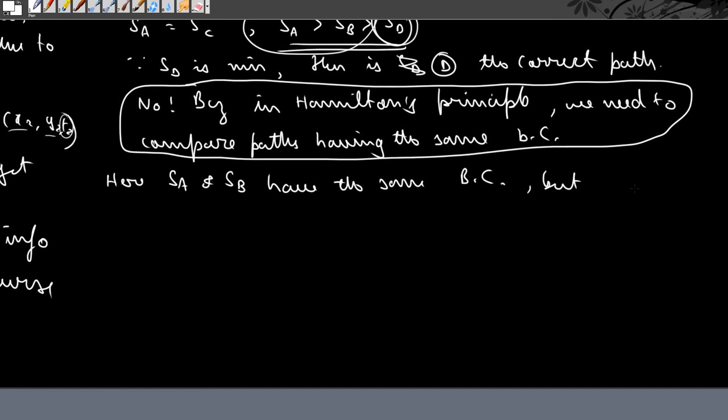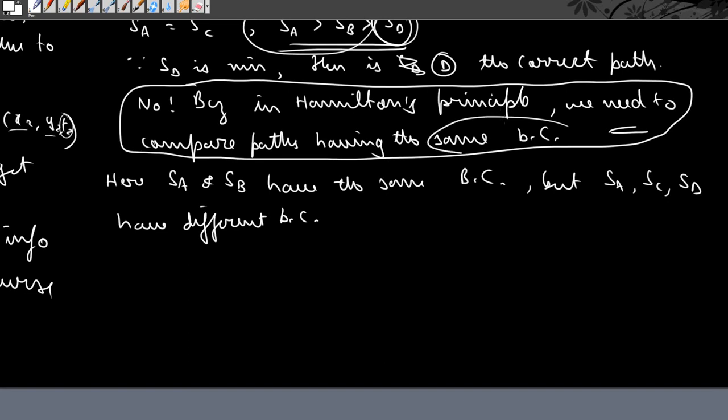So what this statement says is that to compare the paths, they should have the same boundary conditions, whereas here these paths have different boundary conditions except for only SA and SB.